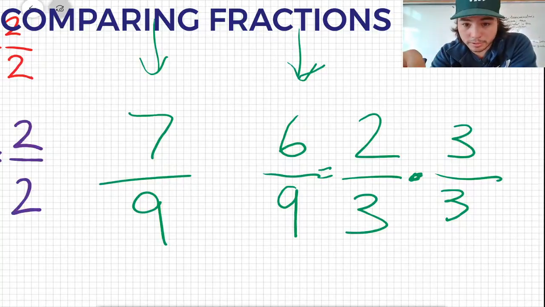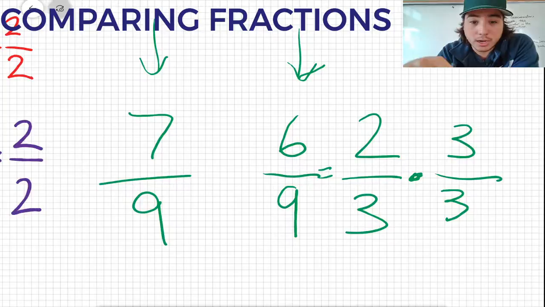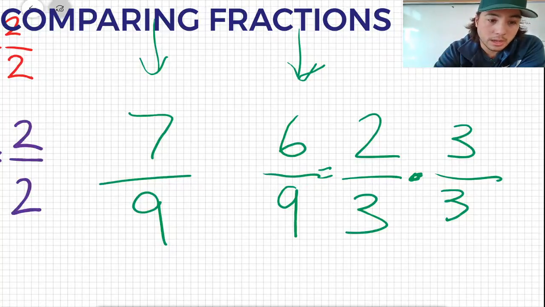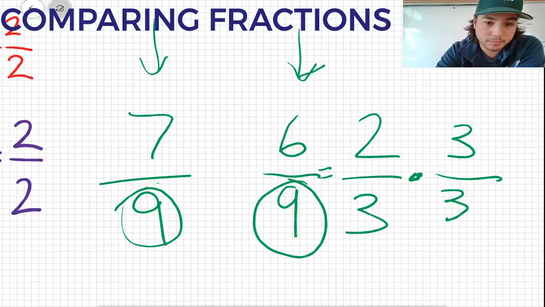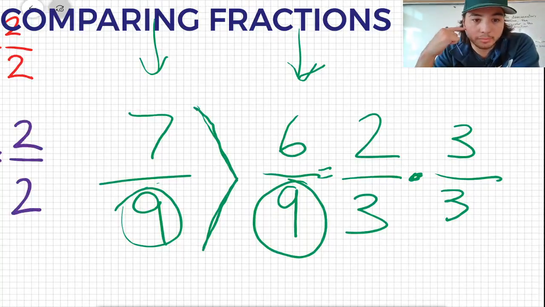Now that we've determined that 6/9 is equivalent to 2/3, we can see the pieces are the same size, our denominators match. Whichever one has the greater number of pieces, in this case 7, that gets our alligator mouth there, because 7/9 is greater than 6/9.